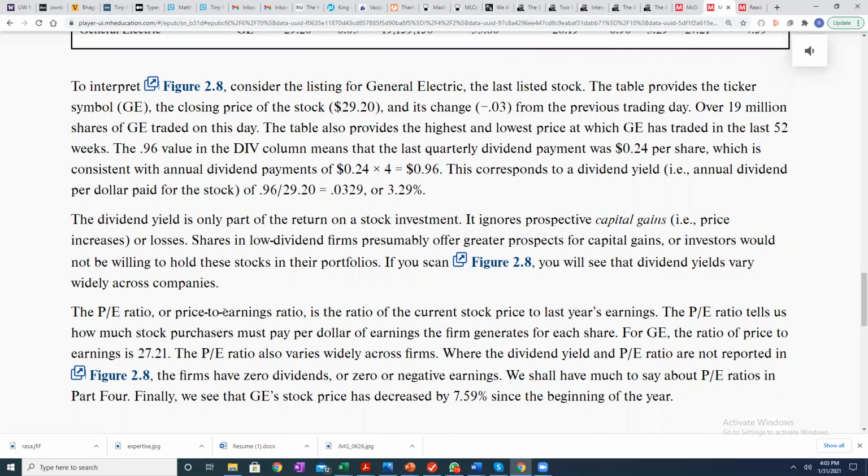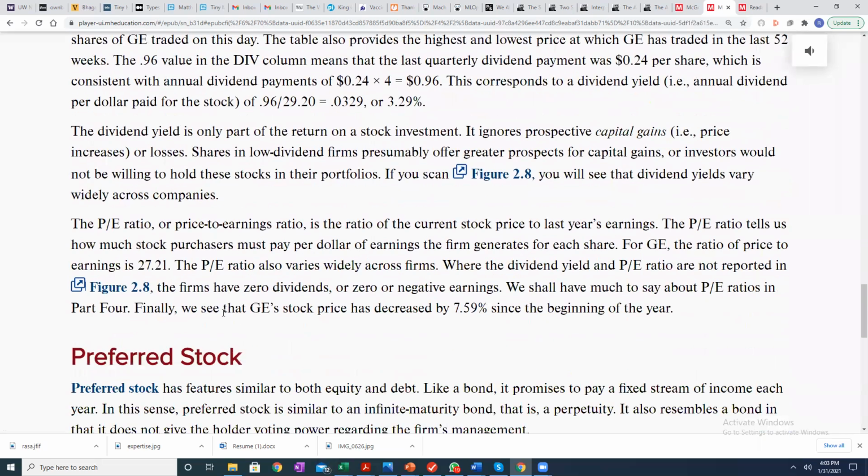Dividend yield is only part of the return on the stock investment. It ignores prospective capital gains, price increases, or losses. Shares in low dividend firms presumably offer greater prospects for capital gains. The PE ratio tells us how much stock purchasers must pay per dollar of earnings. The ratio of price to earnings is 27.21, and varies across firms.